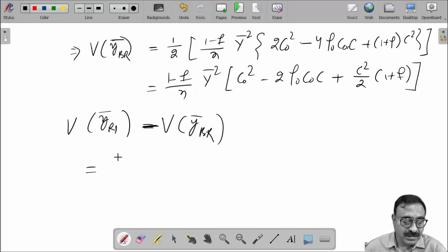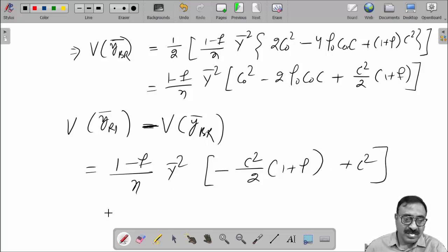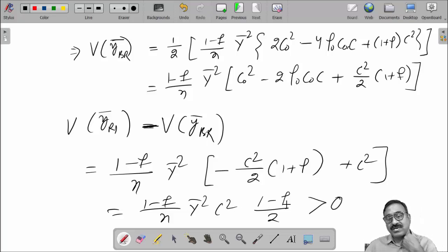This is (1 minus f by n) Y bar square into [C square minus C square by 2 (1 plus rho)], so that is equal to (1 minus f by n) Y bar square C square (1 minus rho) by 2. So this is always greater than 0, because rho is less than 1 and 1 minus f by n is greater than 0.